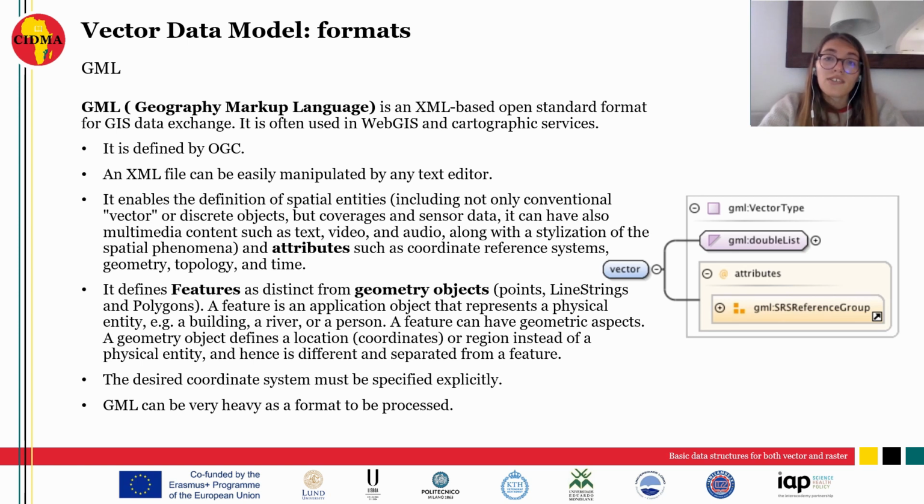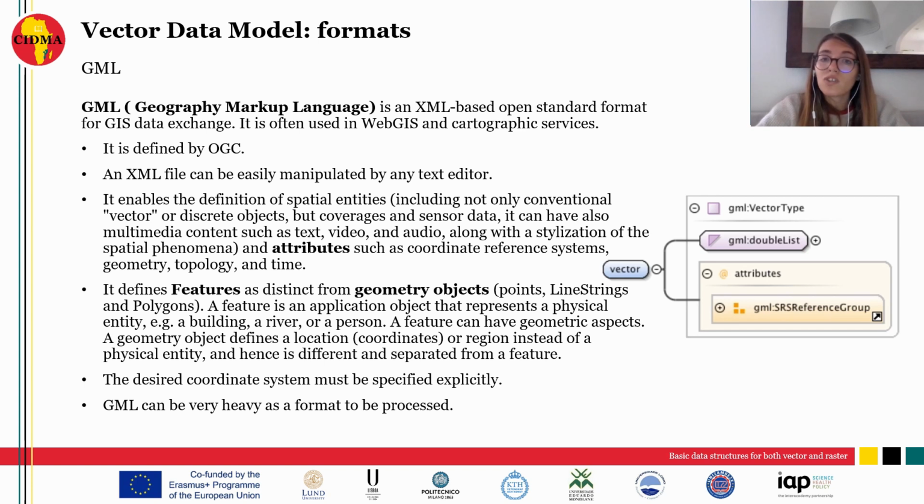It is defined by OGC, and again, being an XML-based file, it is easy to modify and read in a text editor. In GML, features are different from geometry objects. It means that while a feature represents a physical entity, for example, a building, a geometry object defines a location or a region, and it can be associated to a feature as an attribute.